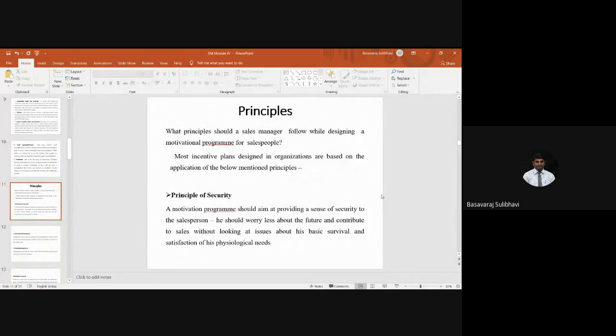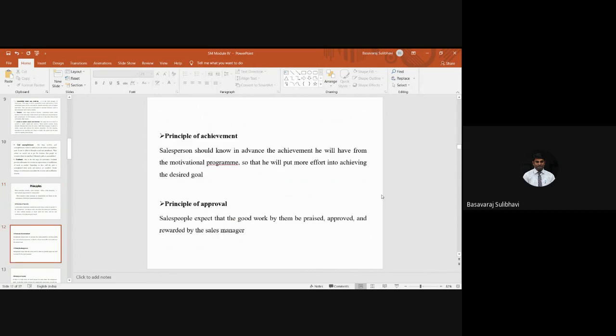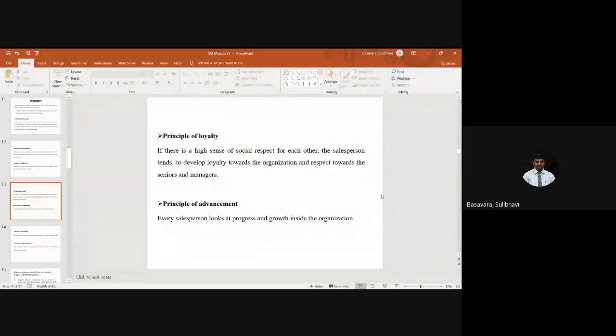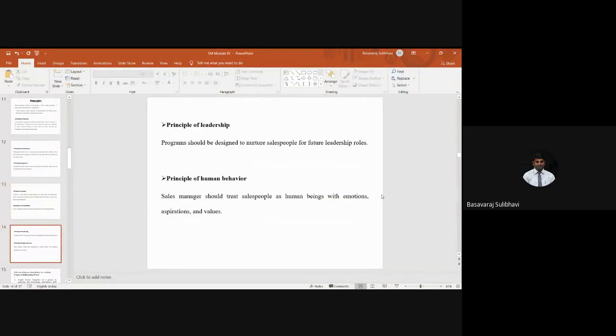There were certain principles on which any motivational programs are designed for salespeople in the organization. Those principles were security, achievement, approval, getting recognized, and belongingness to the group they want to join. Then we have principles of loyalty, and advancement in the careers of those salespeople.